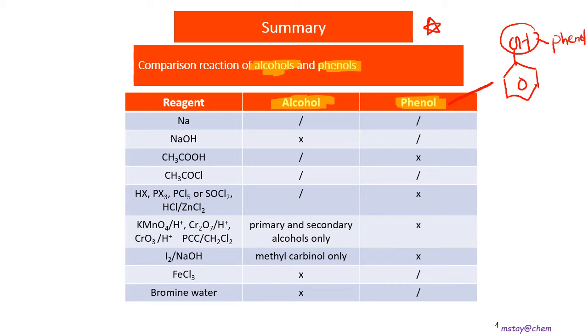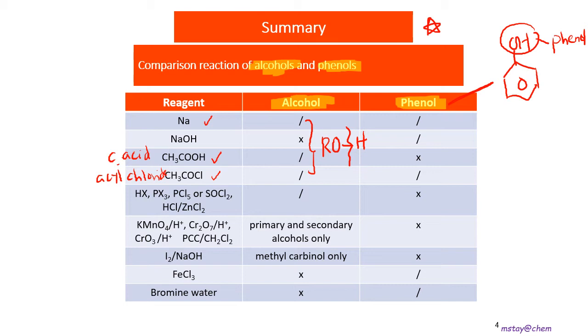Okay. So as we know, Na, CH3COOH and CH3COCl, which generally we say are carboxylic acid and acyl chloride, when they react with the alcohol, the alcohol will break the bond between R, O, and H, which means that the hydrogen will be taken out.